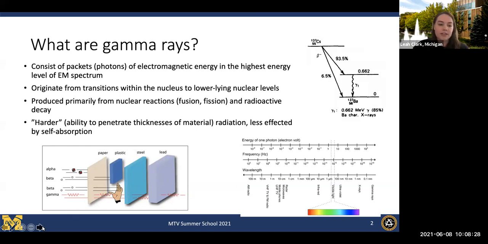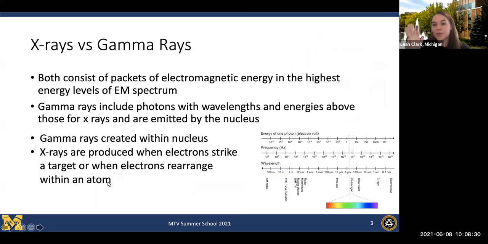Now I'm going to briefly touch on the difference between X-rays and gamma rays. Both consist of packets or photons of electromagnetic energy within these higher levels of the EM spectrum. But the major difference in how to categorize gamma rays and X-rays is their origin.